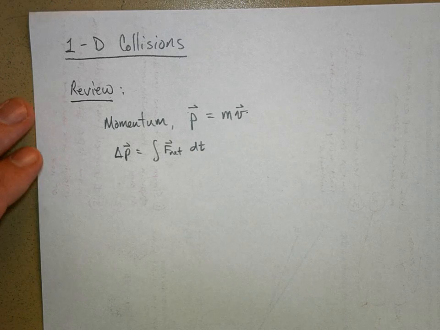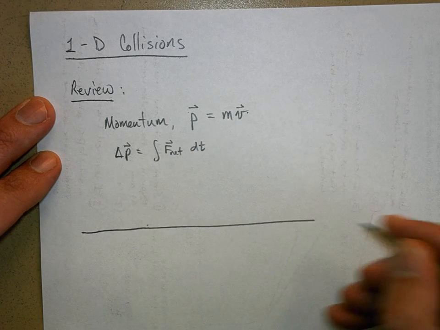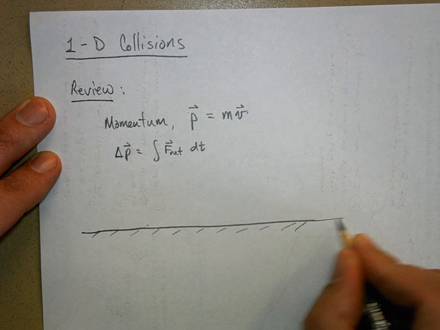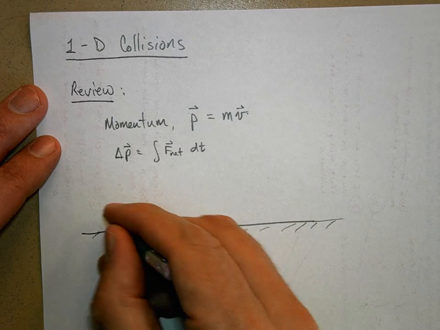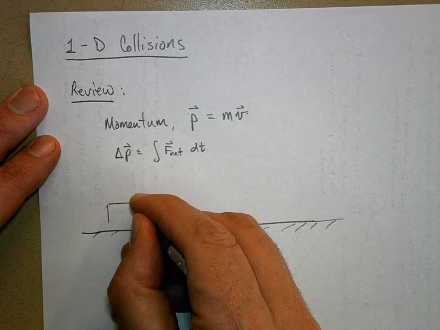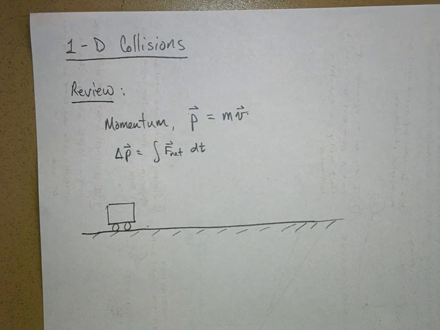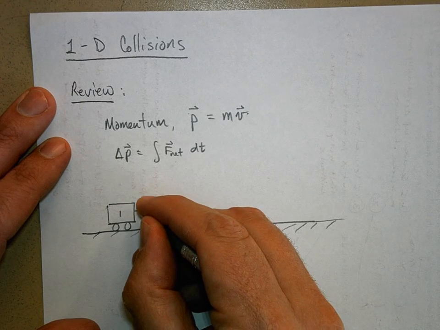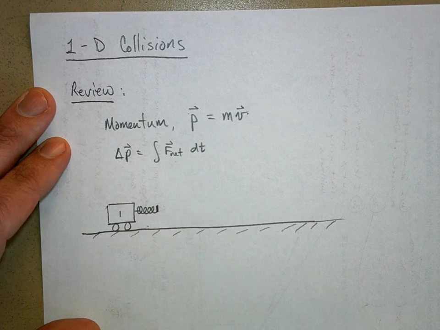So let's talk about a collision here. Here's some flat frictionless plane. I'll have object 1, and I'll put it on wheels. And I'll put a spring on it, a nice little spring with a little plunger on it.